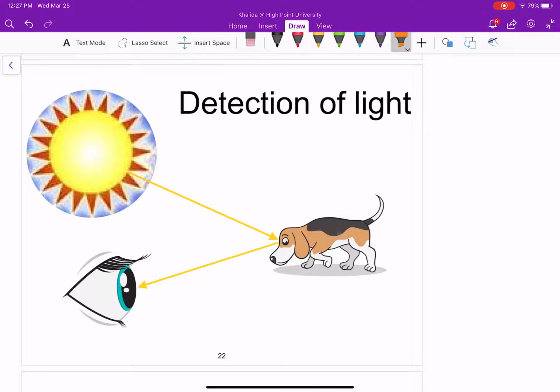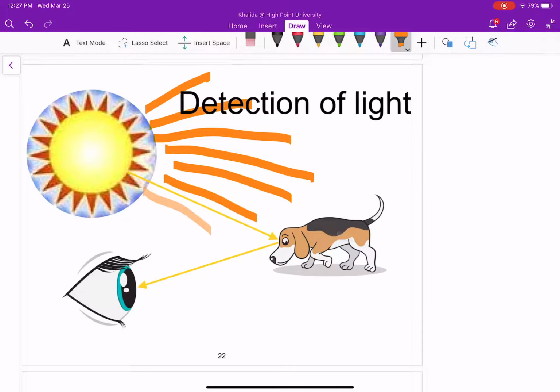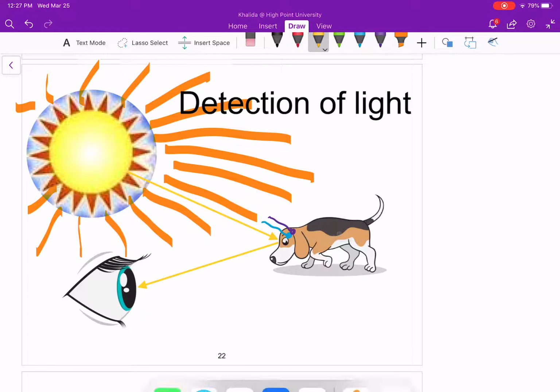For example, we know that the sun is emitting many, many rays, lots of rays, and it's emitting them in all different directions. And we know that some of those rays are going to hit the dog and be absorbed. Hit the dog and it's absorbed. Hit the dog and it's going to be absorbed. And some of them are going to be reflected, but they're going to reflect off into some other direction.